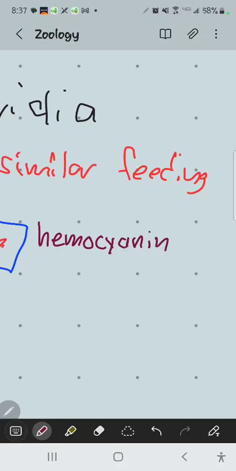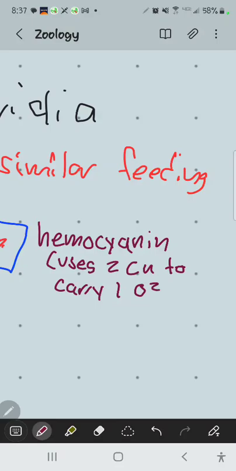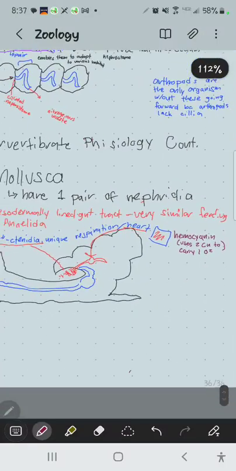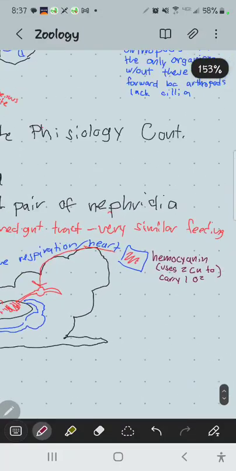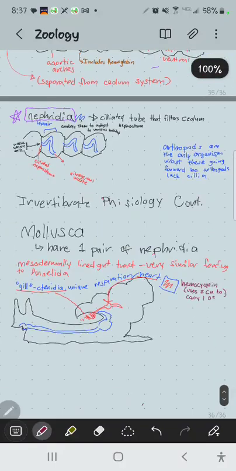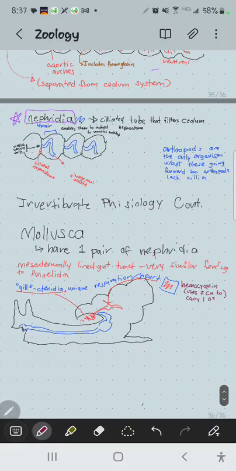An interesting little factoid is that it takes 2 coppers to carry an oxygen in hemocyanin, whereas it only takes 1 iron in hemoglobin to carry oxygen. So it's not as efficient a respiratory pigment as hemoglobin under certain conditions. Under other conditions, it's more efficient. We'll discuss that in a bit. But just note that mollusks also have a respiratory pigment that's different from what annelids generally have.